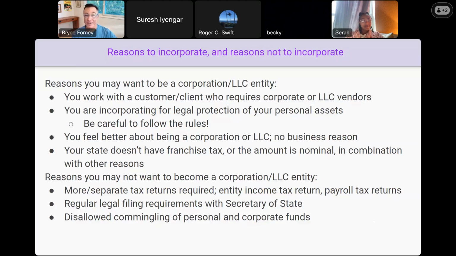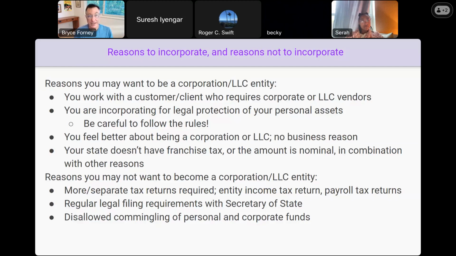It's not as funny. It's not funny at all, in fact, but it's that repeated line of, you may want to incorporate if your state has low or no franchise tax. The examples I showed before, where to be an LLC in California, especially with gross receipts over $250,000, you're going to pay $1,700 to the state for the privilege of being an LLC.